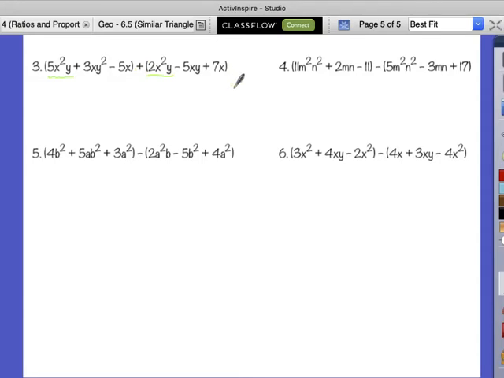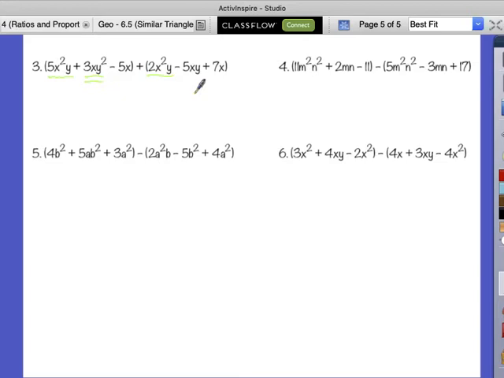To break my tie, I'm going to look at the second variable attached to it. Between y squared and y, what's going to come first? The 3xy squared, the one with y squared. If I'm going to break my tie based upon the y's, I'm going to put those in descending order.